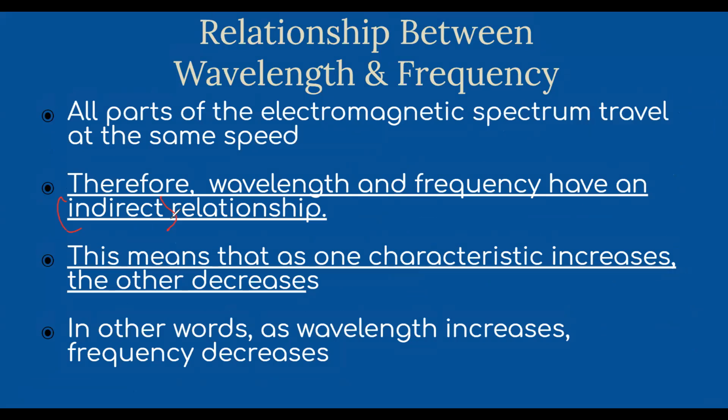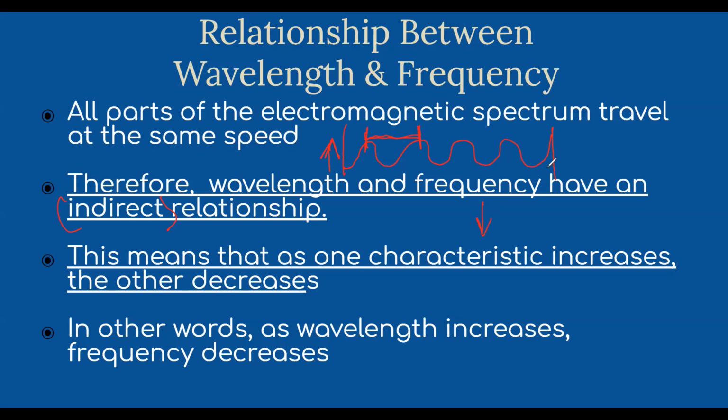So what that means is that if wavelength is going up, remember that the longer the wave, the longer the wavelength. So this has a high wavelength, so the frequency is going to go down. Notice that it's not that frequent.